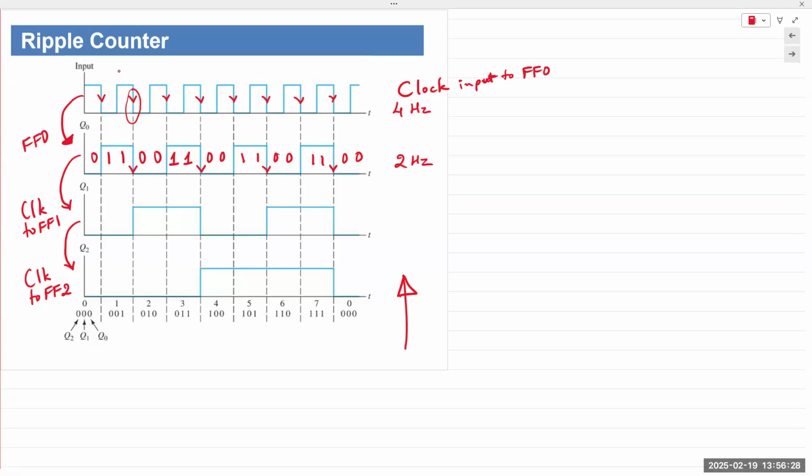Initially we cleared out the output, so everything is at 0, 0, 0. Flip-flop 0 goes to 1. When it transitions to 0, which is right here, the output of flip-flop 1 toggles and goes high. So this remained at 0. Now it went to 1.